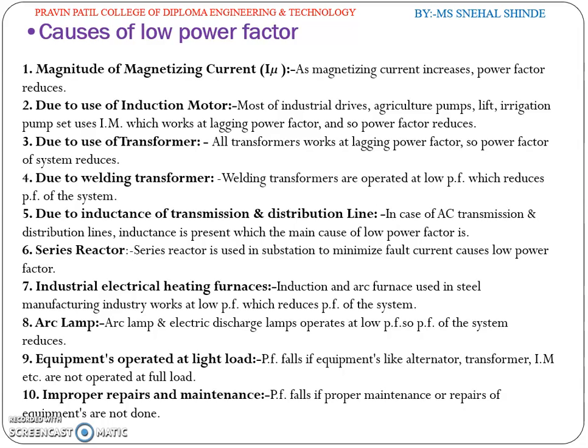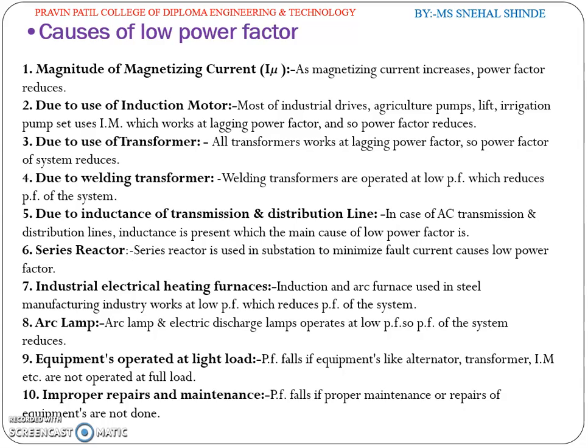In case of AC transmission and distribution lines, inductance is present, which is one of the main causes of the low power factor. Next is the series reactor. The series reactor is used in the substation to minimize the fault current, and causes the low power factor.